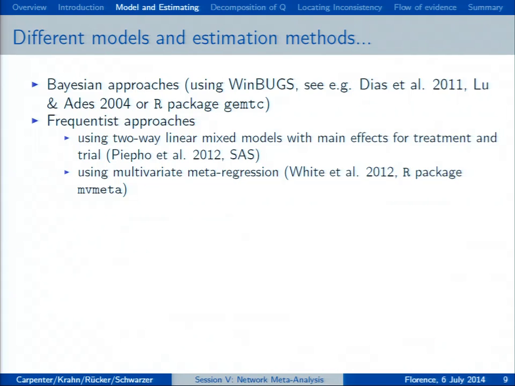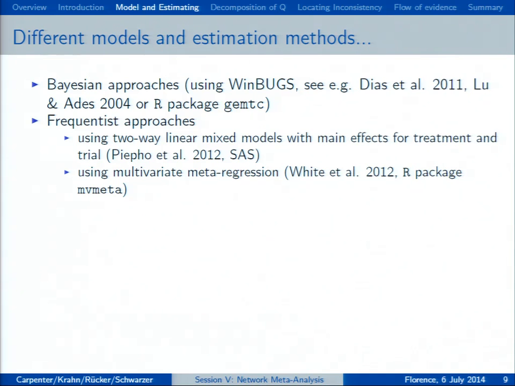Okay, for estimating network estimates, so we want to estimate all pairwise treatment comparisons in network meta-analysis, there exist different models and estimation methods. There are Bayesian approaches, and therefore we can use the software WinBUGS or the R package gemtc.